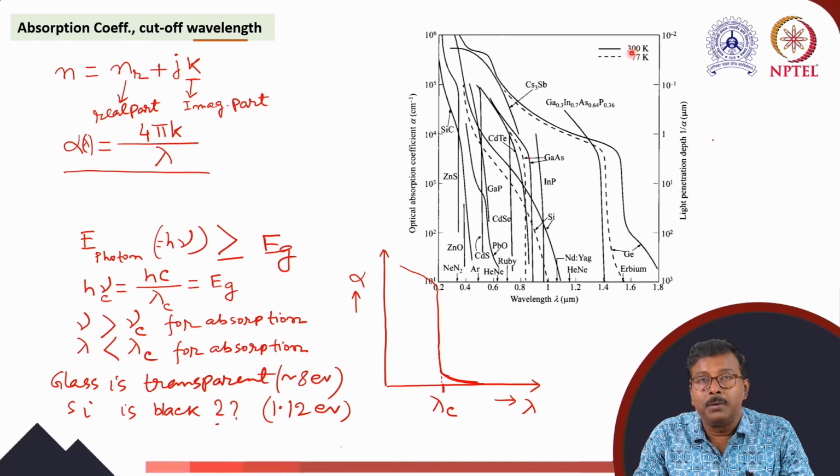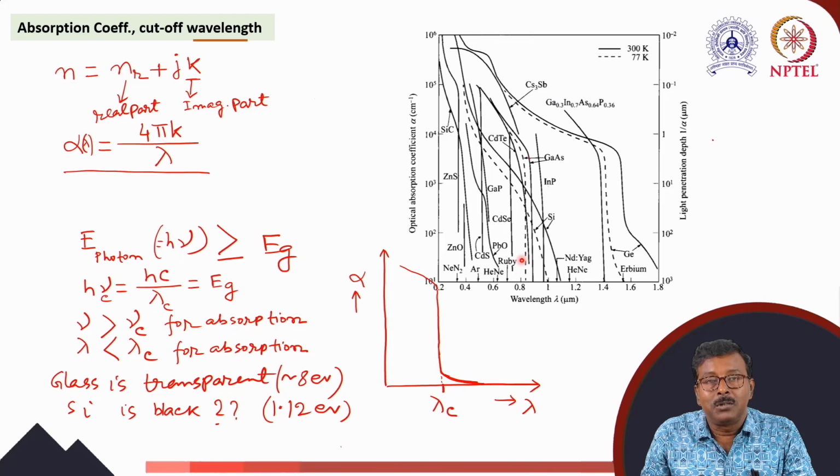Solid line stands for room temperature and dash line for 77 K. That means the absorption coefficient depends on temperature also. Not only the absorption coefficient value, the cutoff wavelength also, because we have shown that the band gap of a semiconductor material depends on temperature.